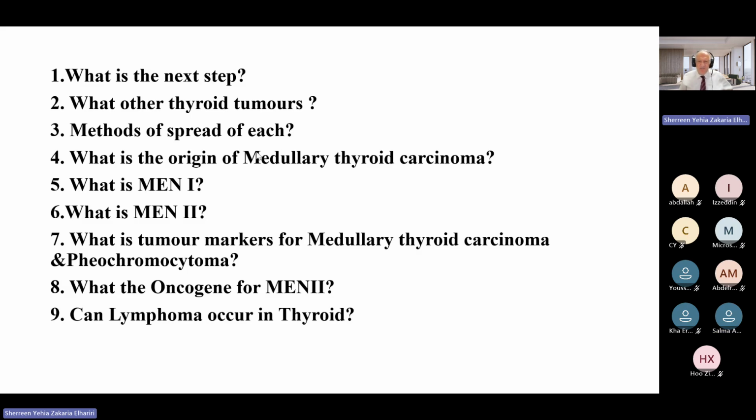So if it is in the tip of the appendix, suppose you have a surgery, you did appendectomy, sent it for histopathology and found it is carcinoid tumor in the tip of the appendix, and the appendix is 5 centimeters.